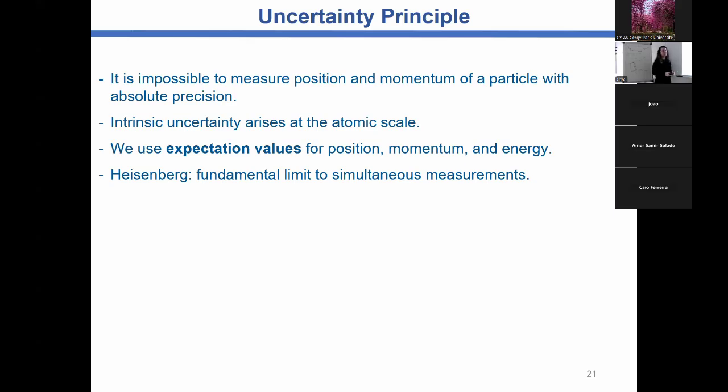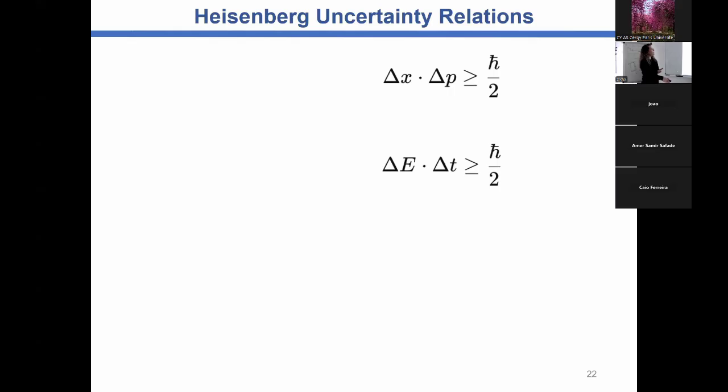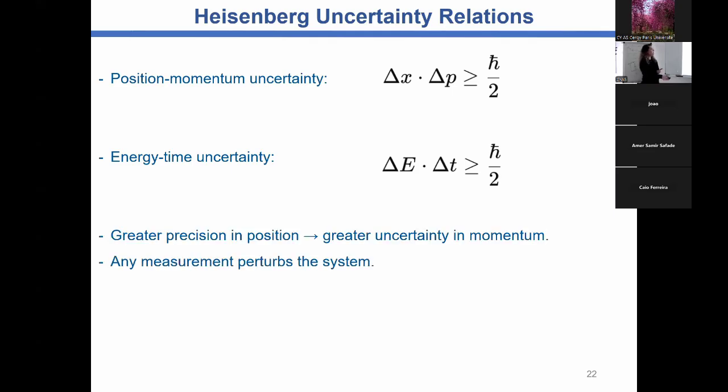So this means that in the quantum world, we are no longer deterministic. We use statistics to describe the system. And this uncertainty relationship is given by Heisenberg, and the correlation between energy and time and position and momentum is described using these equations.